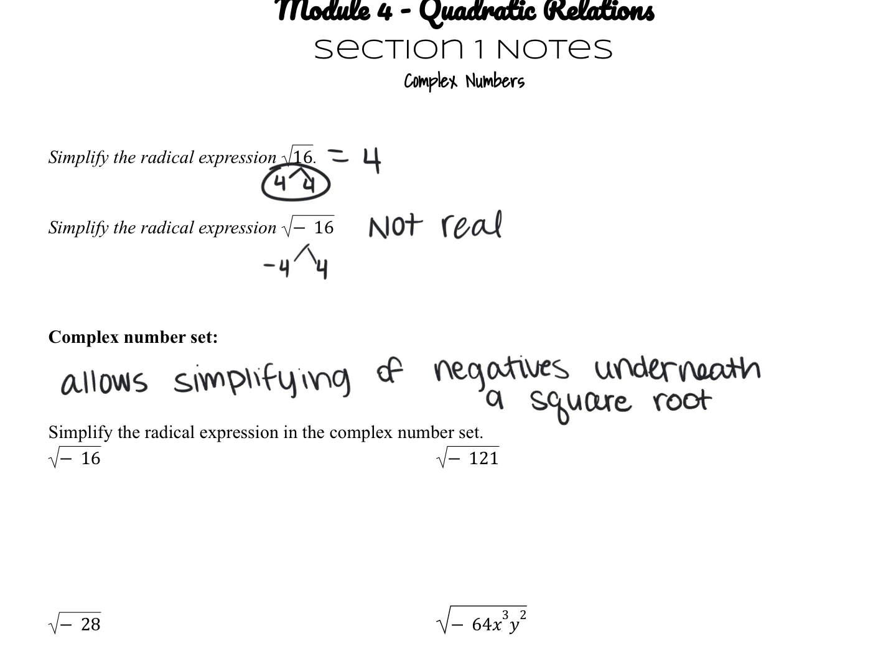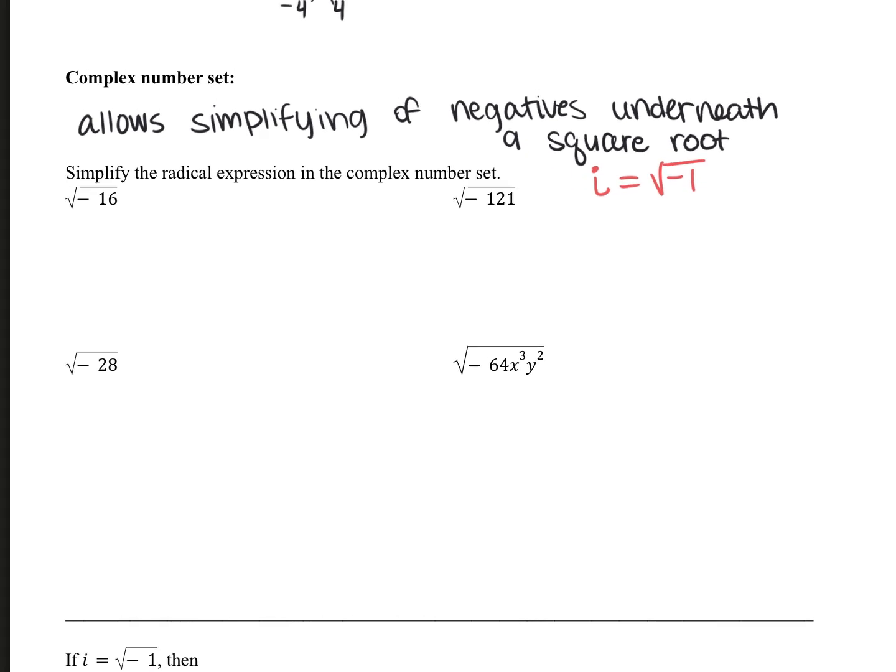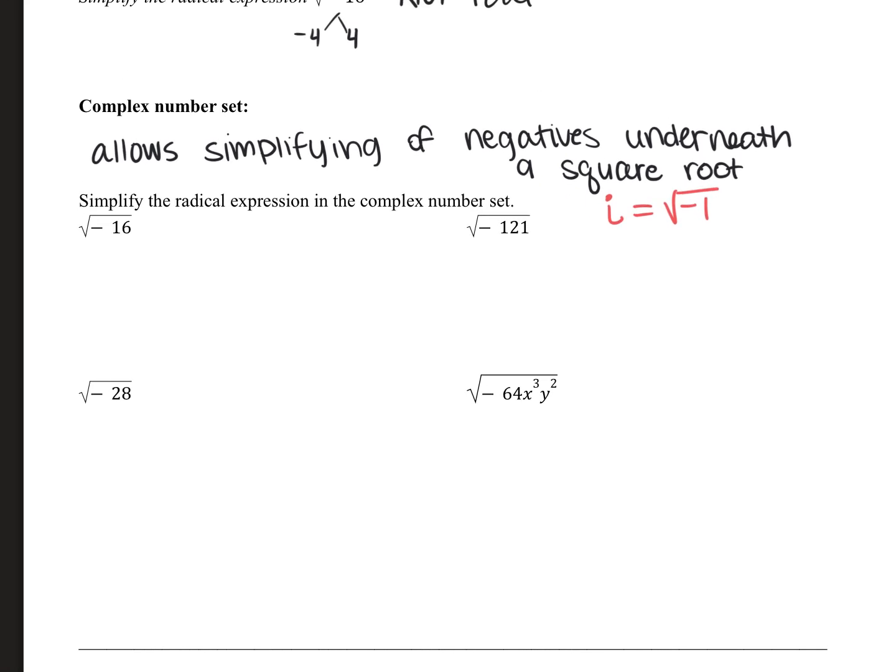Okay. And you may have seen imaginary numbers before. So we let the letter i represent negative numbers underneath a square root. So i specifically represents the square root of negative 1. So now that we have discussed this, we can now simplify negatives underneath the square root.